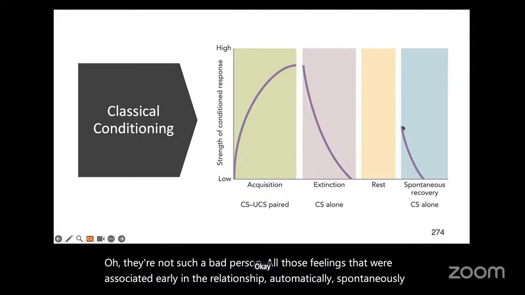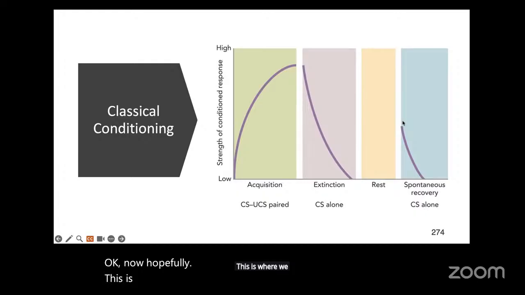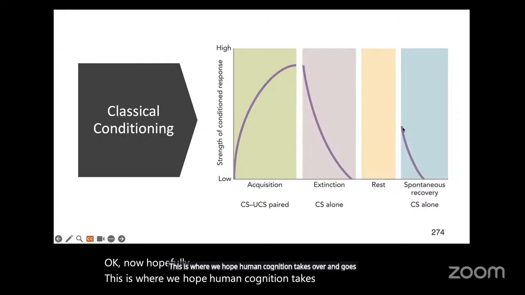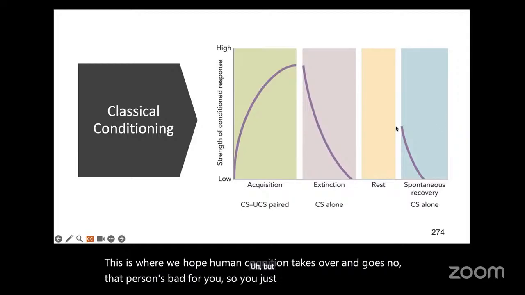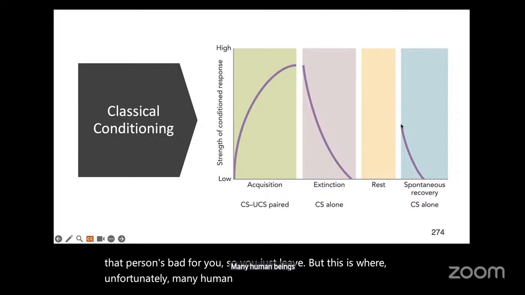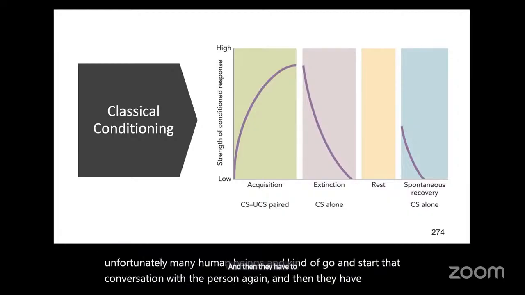Okay. Now, hopefully, this is where we hope human cognition takes over and goes, no, no, no, that person's bad for you, so you just leave. But unfortunately, many human beings go and start that conversation with the person again, and then they have to relearn it all over again.